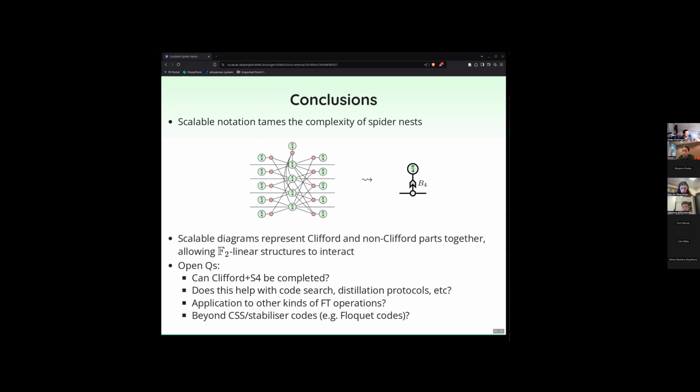This could allow more possibilities for fault-tolerant computation, getting around the Eastin-Knill theorem because the code is changing all the time. But I don't have something really specific to say there. It's just that this is quite a flexible way of thinking about codes and a nice space for searching for new ideas.